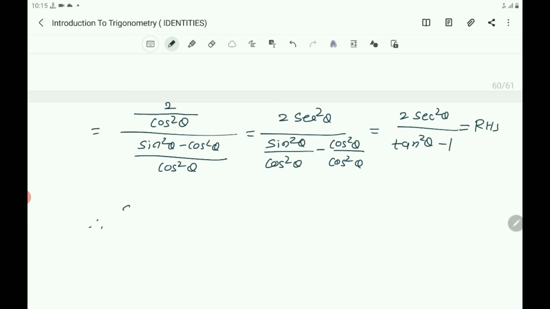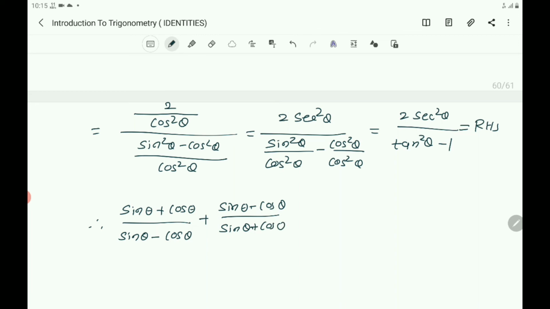Therefore, sin theta plus cos theta by sin theta minus cos theta plus sin theta minus cos theta by sin theta plus cos theta equals 2 secant square theta by tan square theta minus 1.